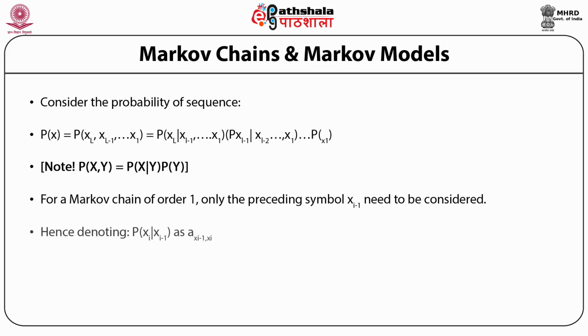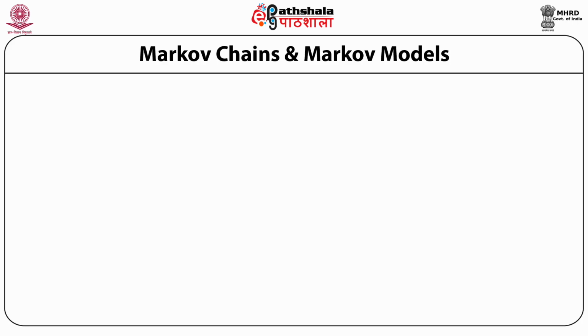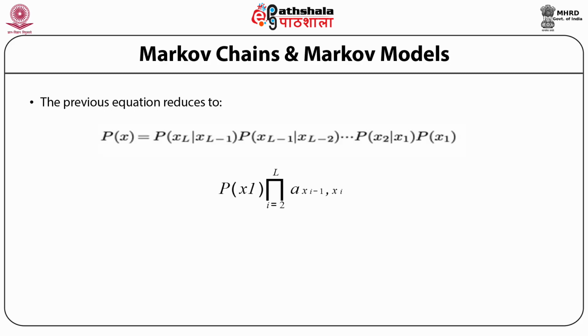This long thing, probability of xi given xi minus 1, let me write in a shorthand notation as a of xi minus 1 times a of xi. Given that, the previous equation now reduces to a simple product of probabilities: P of x at state L is the product of a of x i minus 1, x i, for i equal to 2 to i equal to L, all the states. So it's the product of all of these different probabilities.